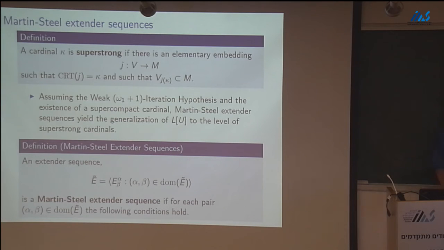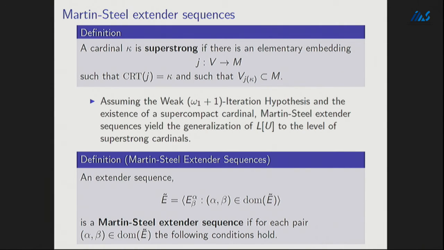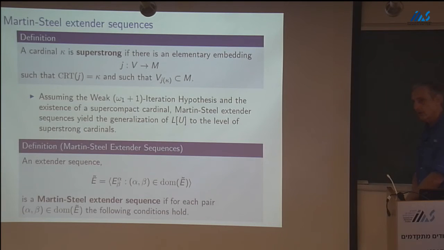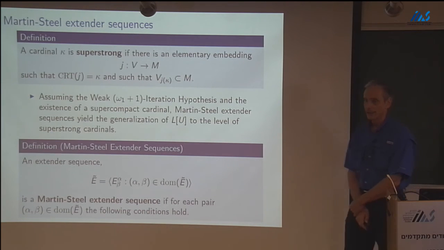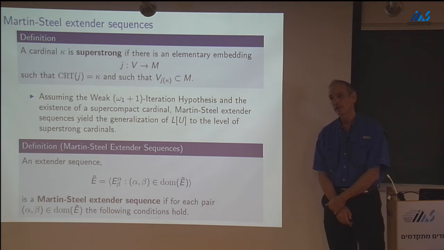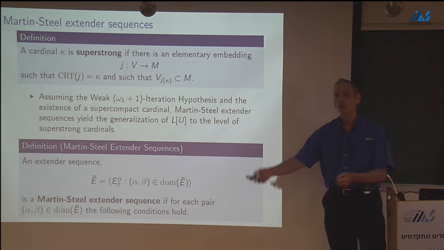So here's the formal definition. An extender sequence, this doubly indexed family, is a Martin-Steel extender sequence if for every alpha beta in the domain, the following conditions hold. Before I get into the details, whenever you construct from a sequence of objects and you are aiming for a canonical model, you have to make sure that you're not inadvertently coding information, like repeating an object.